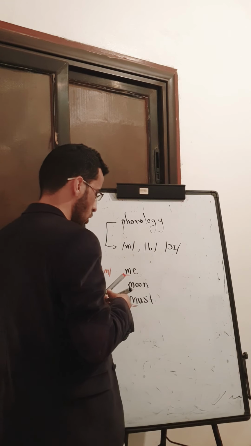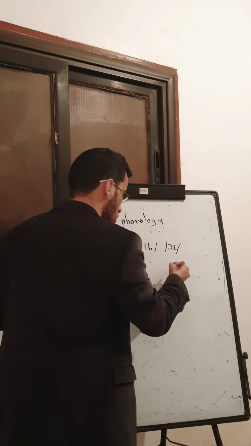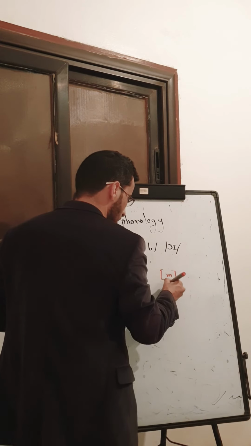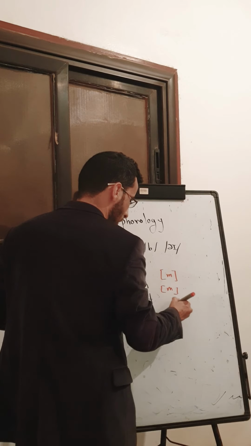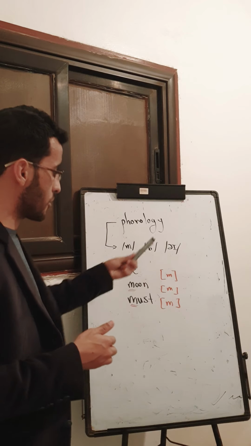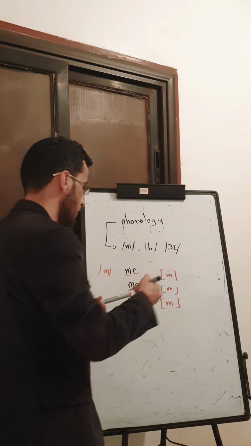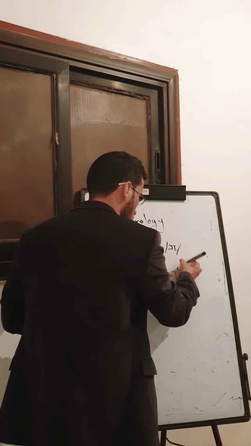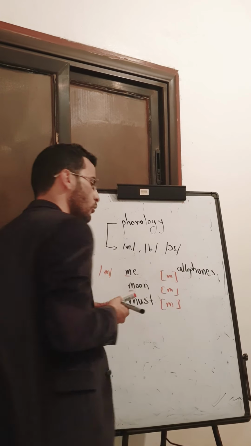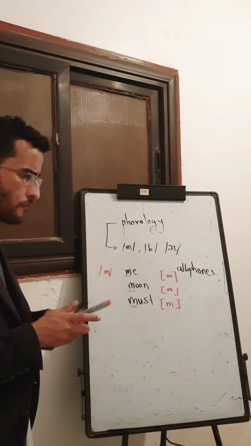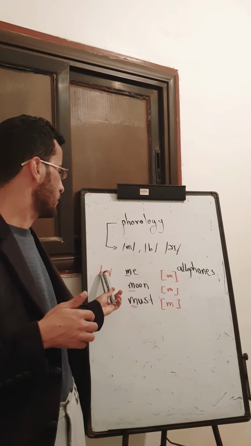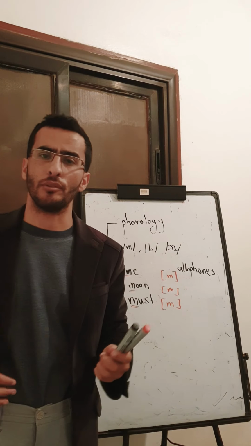هنوضحها هنا، allophones. In practice we know that this is an allophone: 3 allophones for the same phoneme, guys. Don't forget, allophones for the same phoneme, because the phoneme occurs in different phonetic environments.